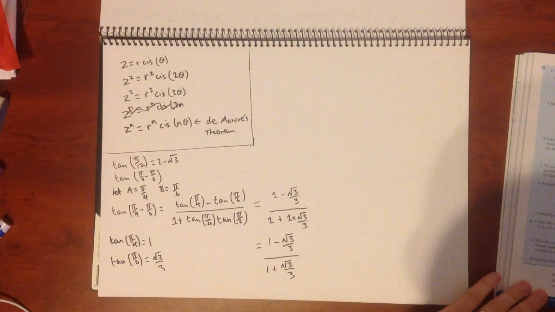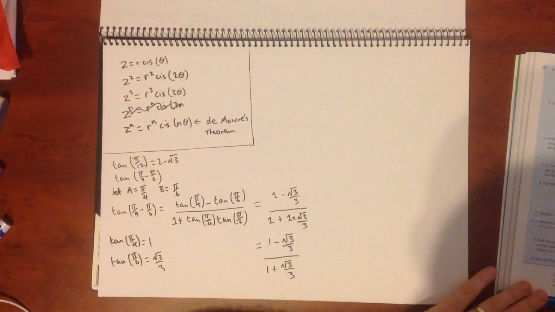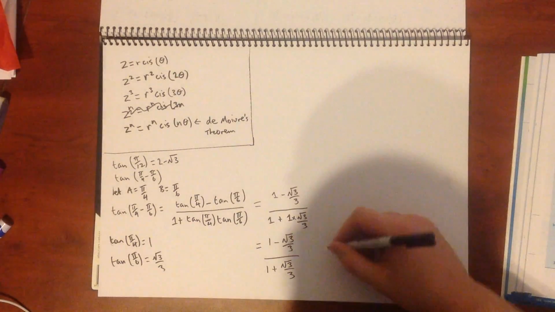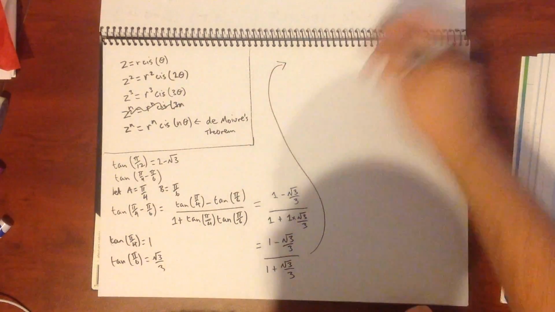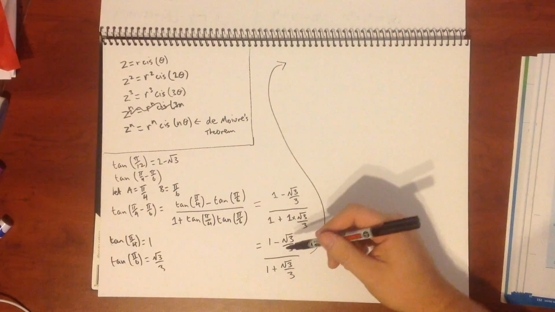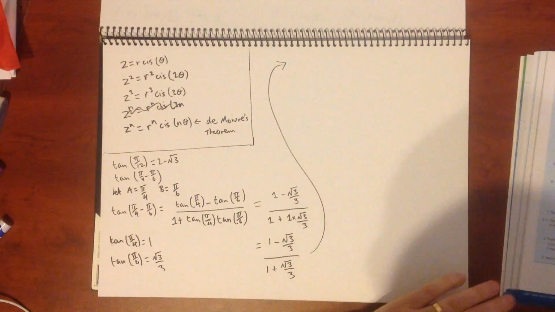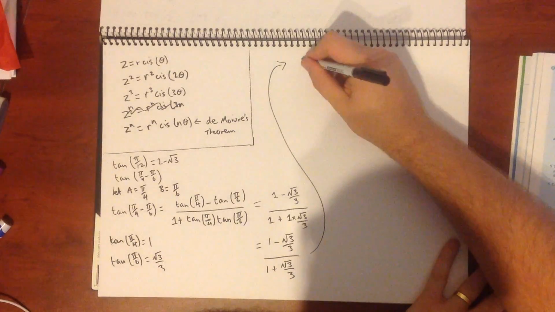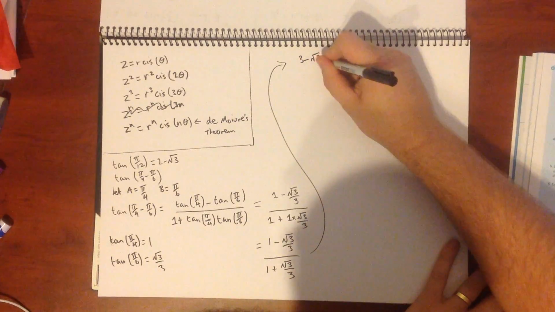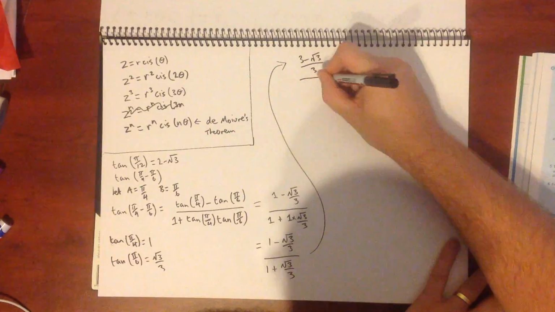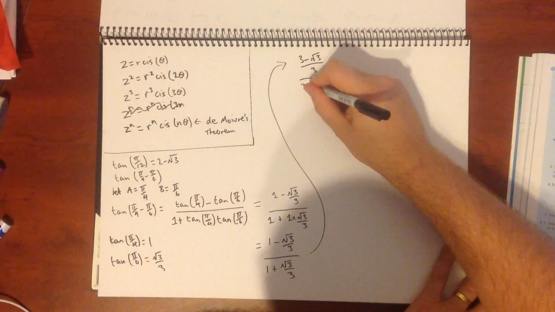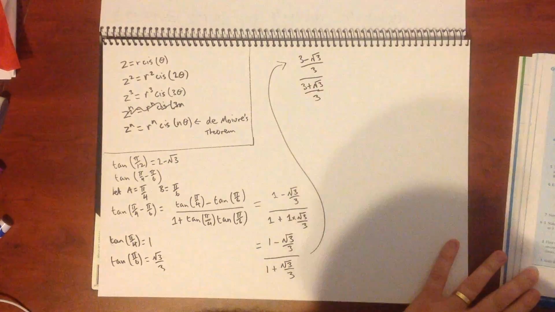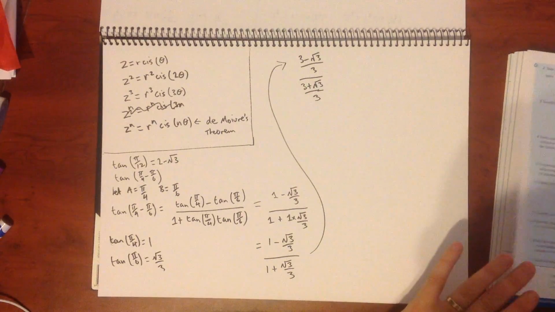Not overly nice, but we can simplify this to a certain extent. We're going to put it over the same denominator. So we times this by 3 to make it 3 minus root 3 on 3. We do the same thing to our other one and get 3 plus root 3 on 3.